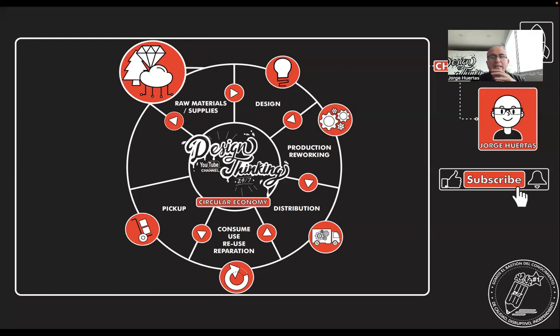And the idea here is that if you are thinking in a circular economy approach, you have to be aware that your product has to have an extended life cycle. That is very important. So you need to understand that, and try to understand how you can make it better. So try to understand how you can extend the life cycle of your product.